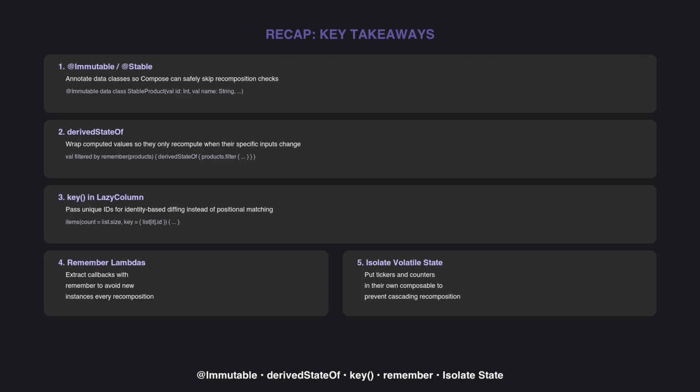Let us recap 5 key takeaways. First, @Immutable and @Stable. Annotate data classes so Compose can skip recomposition. Second, derivedStateOf. Wrap computed values to recompute only when inputs change.